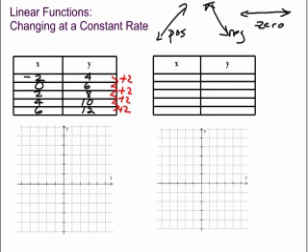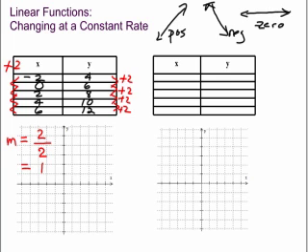So we've got a rise of 2. And if we look at what's happening in the x's, you'll notice these are also all going up by 2. So that's a run of 2. So that's a slope of 1. 2 divided by 2 reduces to the value 1.